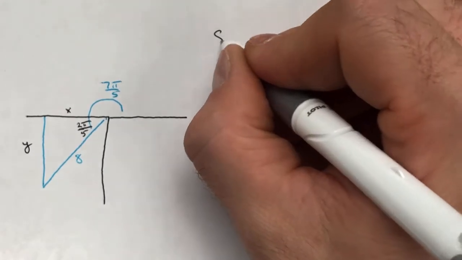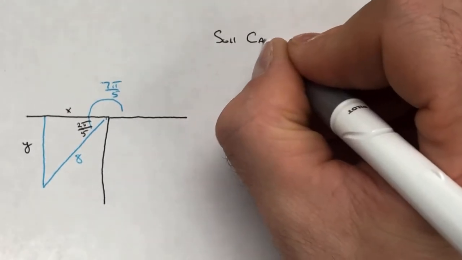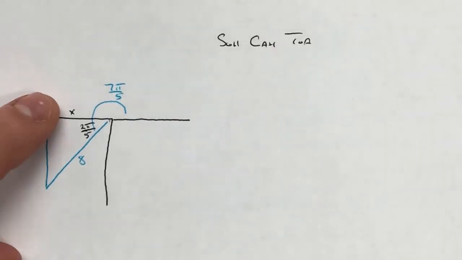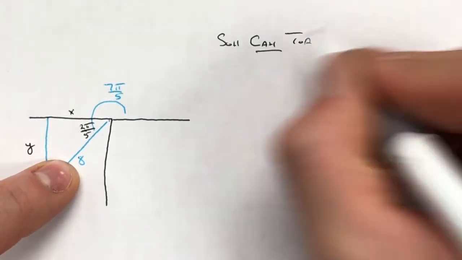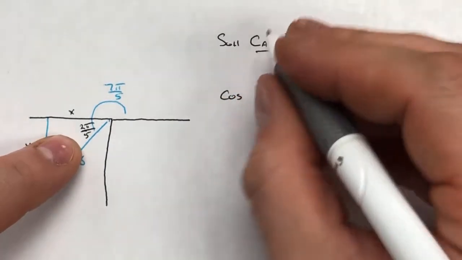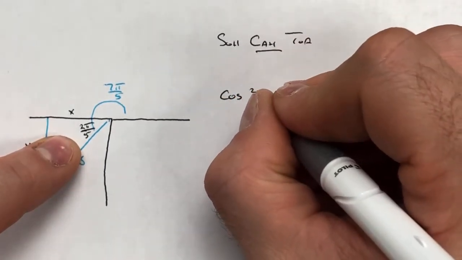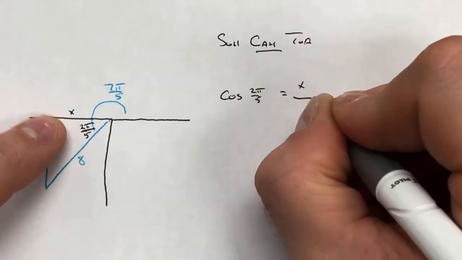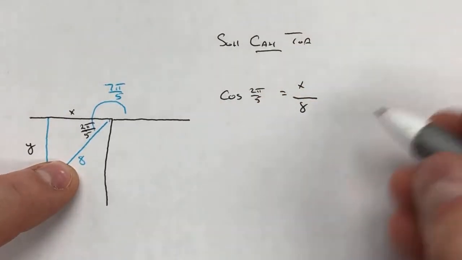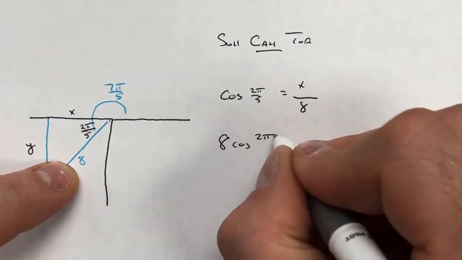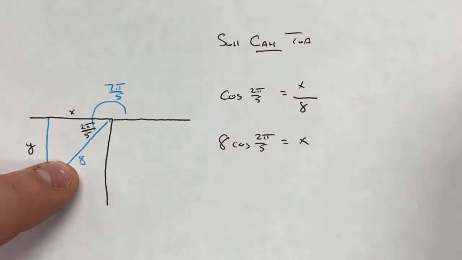So I'm going to bust out the SOH CAH TOA. The adjacent over the hypotenuse, to find my x, I'm going to use cosine. So the cosine of 2 pi over 5 is equal to the adjacent over the hypotenuse. Solve for x: 8 cosine of 2 pi over 5 is equal to x.